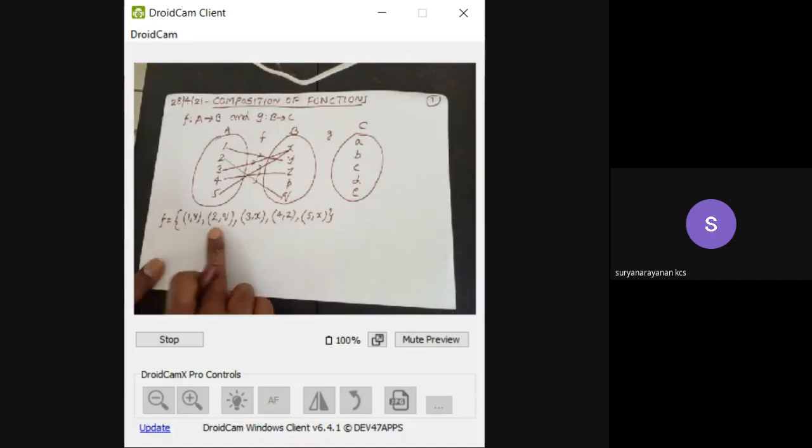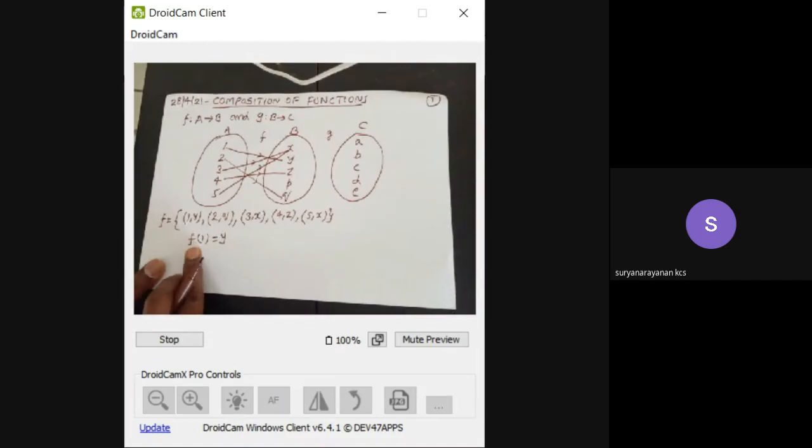We wrote the function as a set of ordered pairs, and this can be represented as f of 1 is equal to y. In yesterday's class itself, I told you what is the meaning of f of 1. Do you remember that point, my children? What is meant by f of 1?